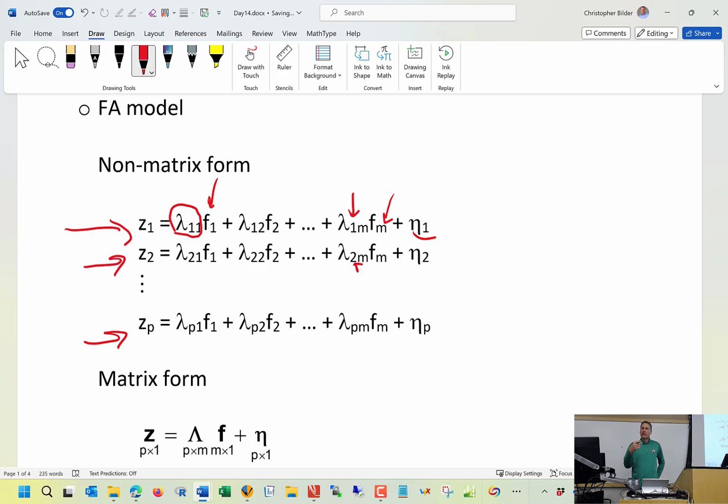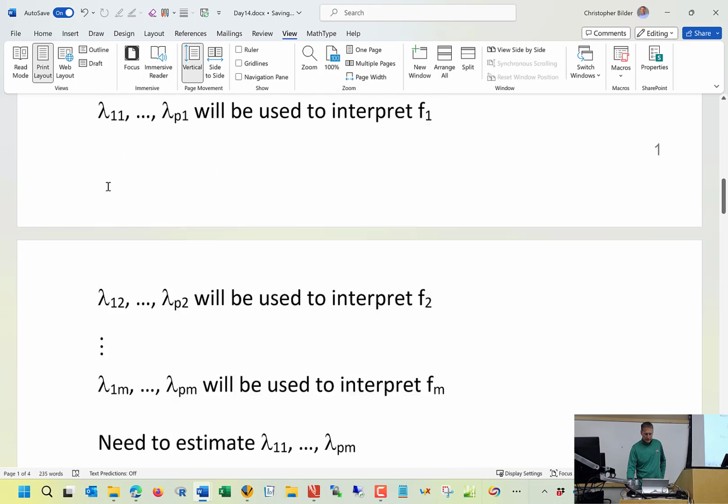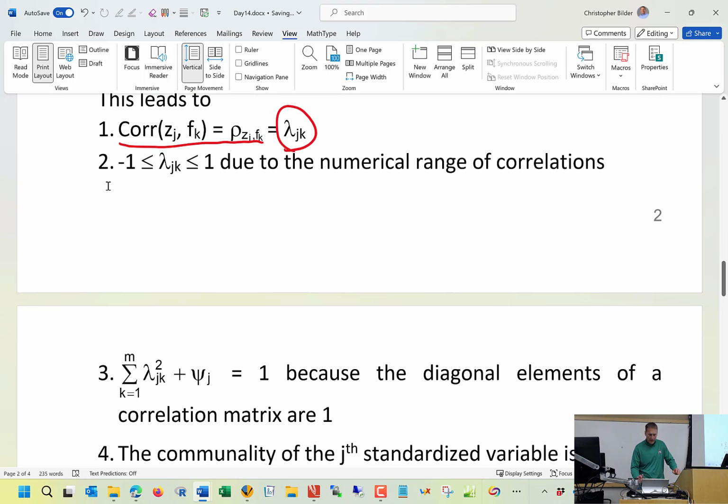So again, if a correlation is 0, we know that there's no relationship. If correlation is positive, it means that we have a positive dependence. Also, since this is a correlation, each of these lambdas has to be between -1 and 1.